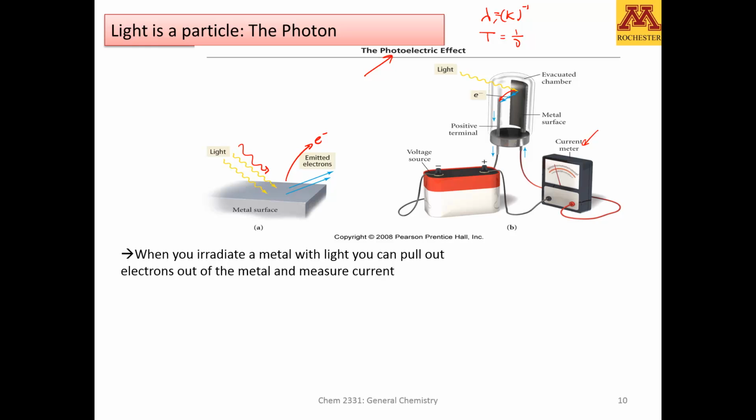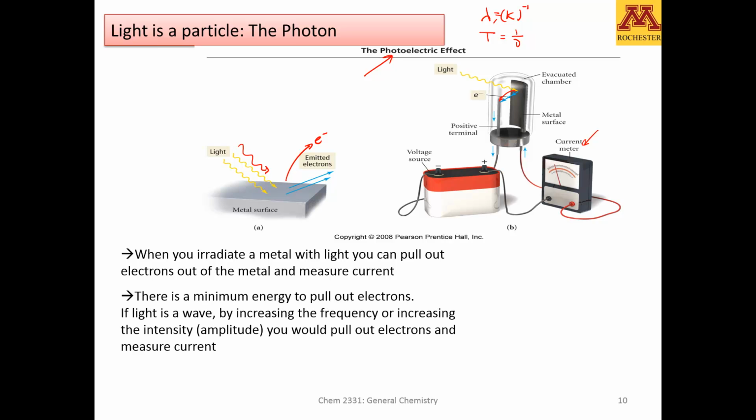So the idea is that by irradiating light you can create a current. The question is, what kind of light can you irradiate this piece of metal so that you can pull out electrons and create electric current? What they saw is that there is a minimum energy to pull out electrons.